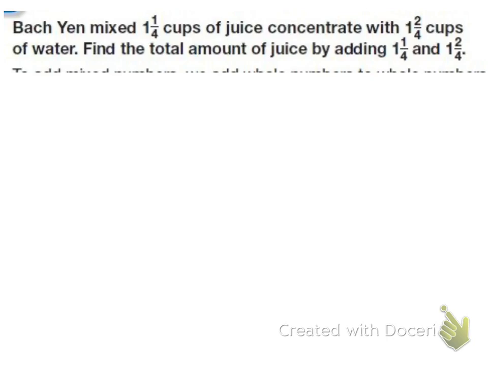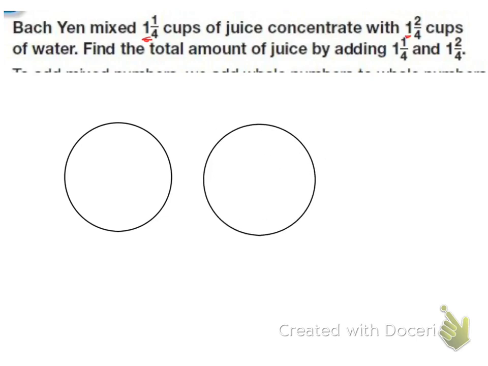To add mixed numbers, we add the whole numbers to whole numbers and fractions to fractions. Okay. So I have 1 whole plus 1 whole. Okay, so that's 2 whole cups. And then I have 1/4 plus, sorry, 2/4.